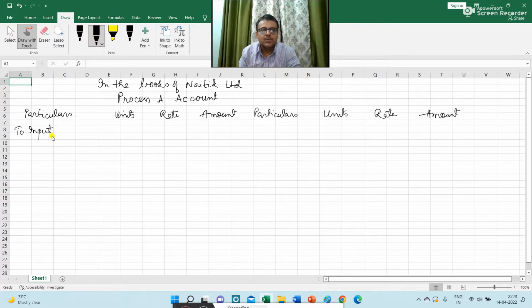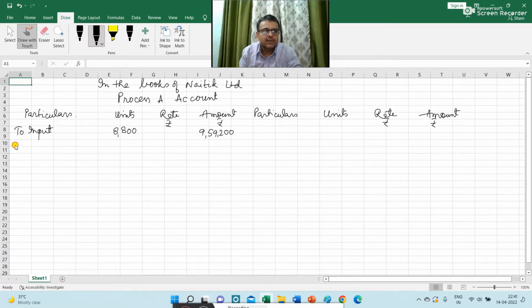So 8,800 is the number of units which was introduced in process A and the cost of these units is given in the question as 9,59,200. So I am writing the units, rate and amount as rupees.